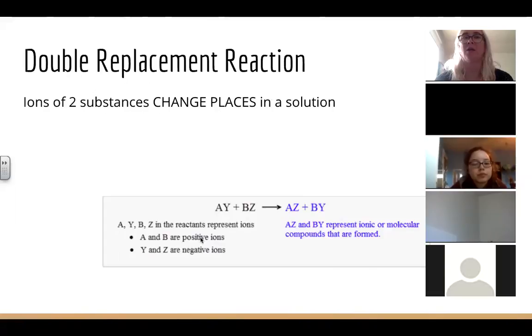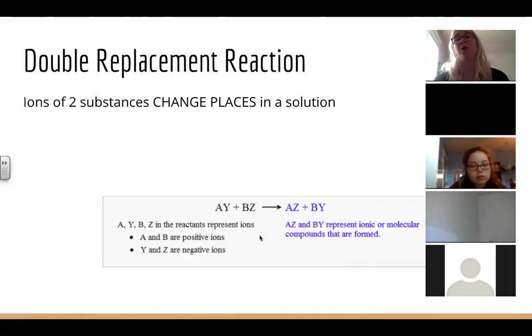A and B are positive ions, Y and Z are negative ions in this particular example, and they basically just switch places in a solution. Seems pretty simple, right? It's pretty easy to tell what it is when you get the entire equation, where you can just say, oh, look, those two things switched places. It must be double replacement.